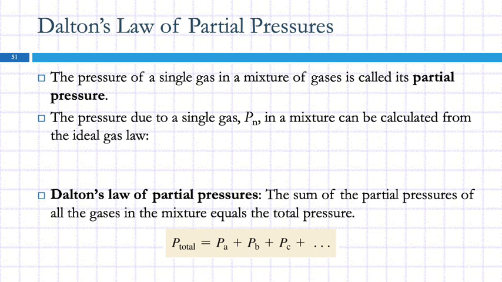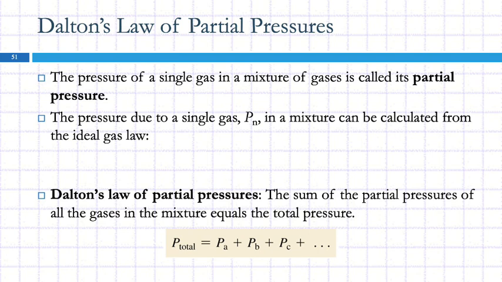So a single gas in a mixture of gases is going to exert a pressure. That is not the total pressure, but that's part of the pressure. So it's a partial pressure from one of the gases. And so we can use the ideal gas law to calculate that.